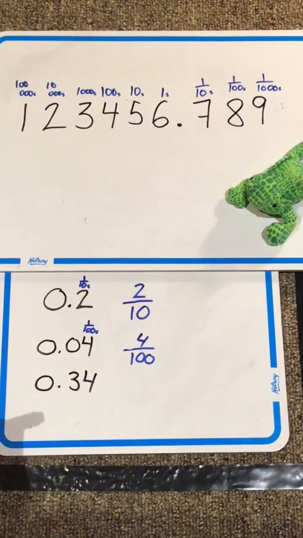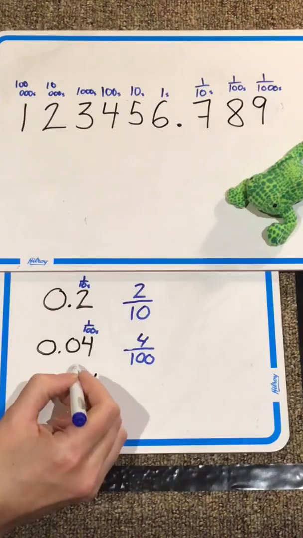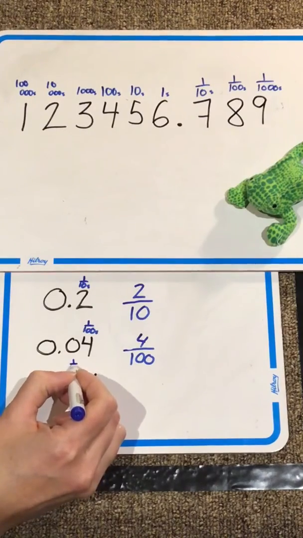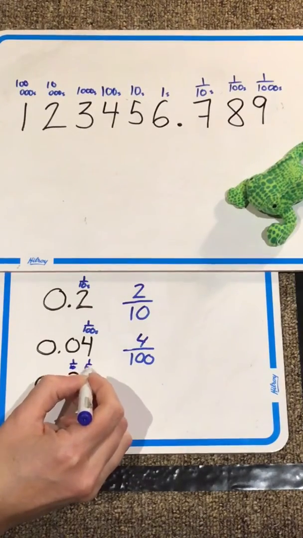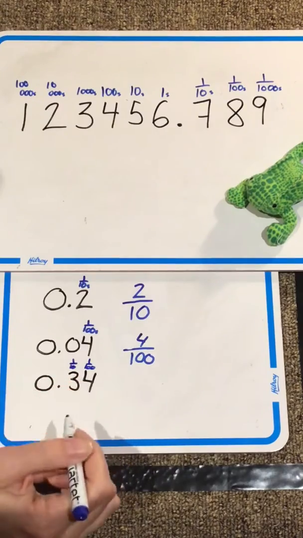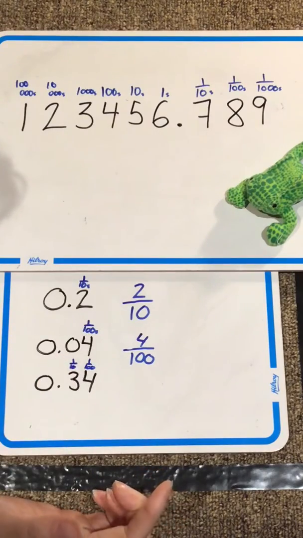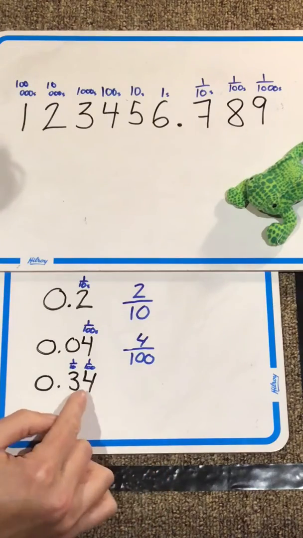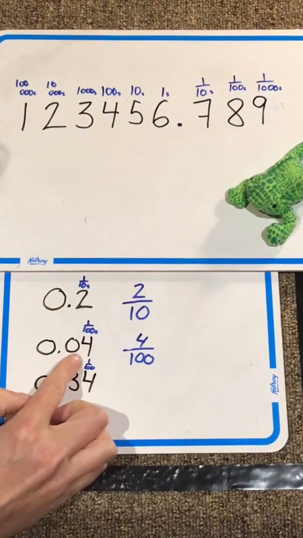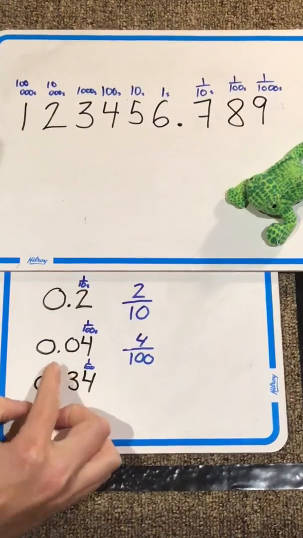All right, what if we had this fraction? Instead of just 4/100ths, now we've got 34 hundredths, right? So the 3 is in the tenths place, and the 4 is in the hundredths place. How do we know which one we're going to use as the denominator? Well, it's easy. We look for the farthest right number that is not 0.